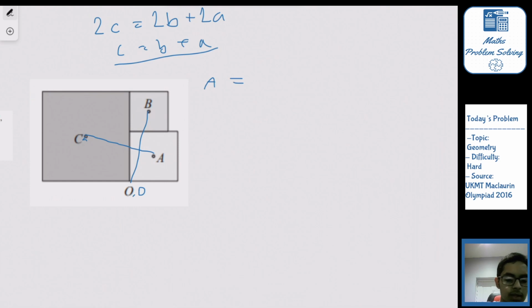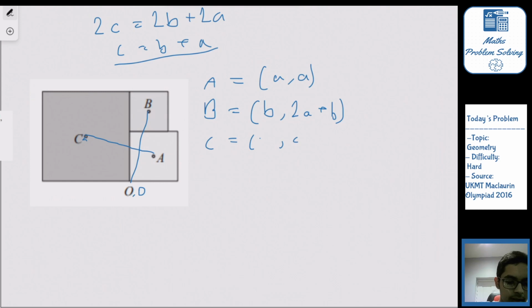So let's do that. Point A equals (A, A); both its horizontal and vertical components are A. Point B equals, its horizontal component, x component, I should say, is B, and its vertical component spans across the entire length of square A, so it's going to be 2A, plus half of the vertical height of B, which is going to be B. And point C has C as its vertical component, and negative C as its horizontal component, because remember it's going in the other direction.